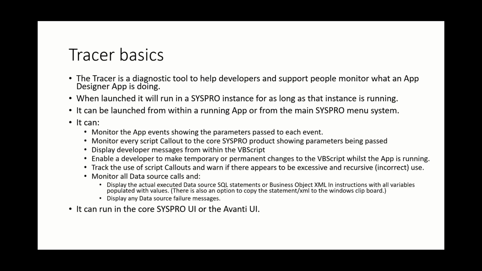You as a developer can write to the tracer with a tracer call out from the VB script, rather than replace the message box techniques that maybe a lot of you use. And believe it or not, you can make temporary or permanent changes to the VB script whilst the app is running. And we will see that in action as well.